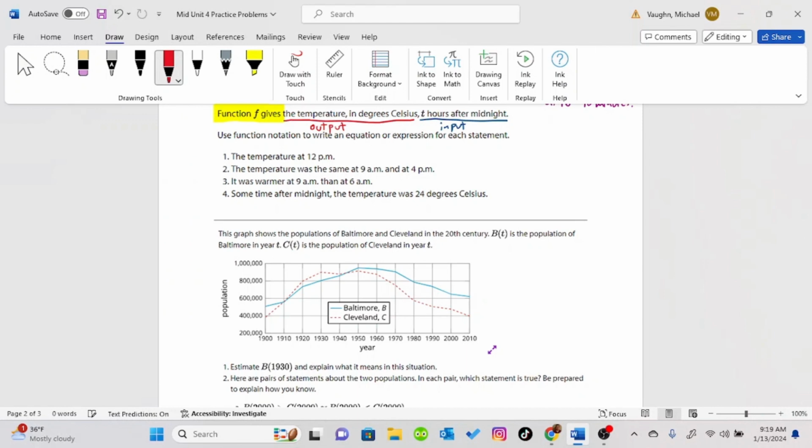So now they want us to use function notation to write an equation or expression for each statement.